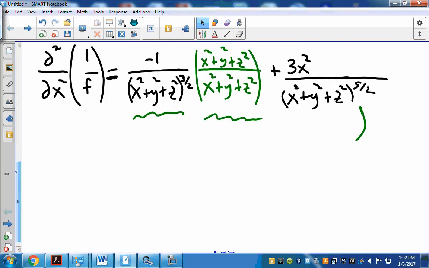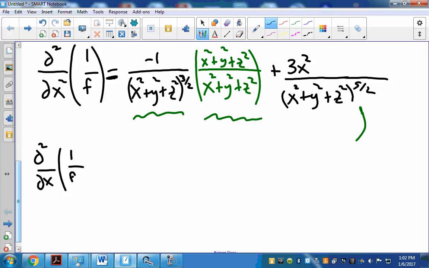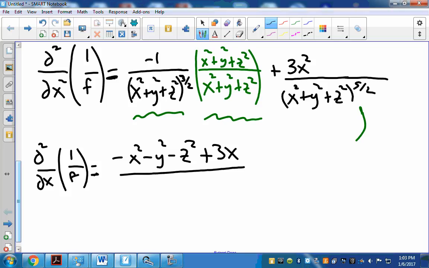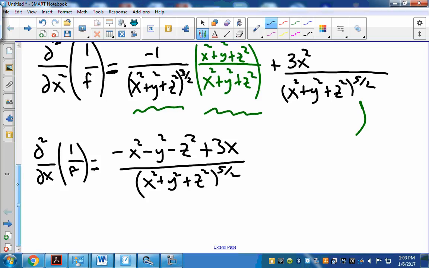Here's my second partial with respect to x of 1 over f. I have minus x squared minus y squared minus z squared plus 3x squared, all over (x squared plus y squared plus z squared) to the 5/2 now.